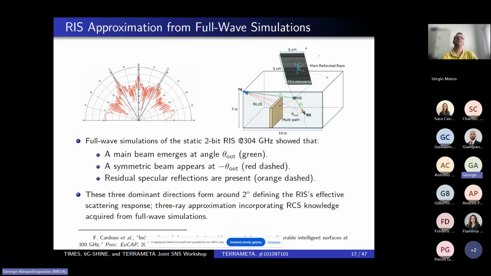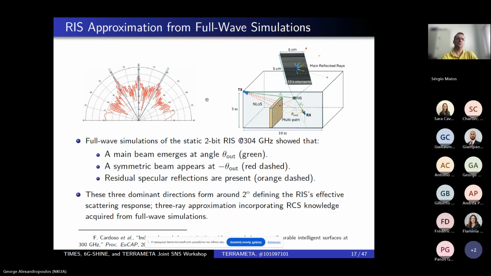And there is also a residual specular reflection, which is present, and this is the orange dot on the right figure there. Which means that at the end of the day, you have 3 dominant directions which form around 2 degrees cones, defining the effective scattering response. And these 3 rays approximation could be actually used to be incorporated within a ray tracing simulation.